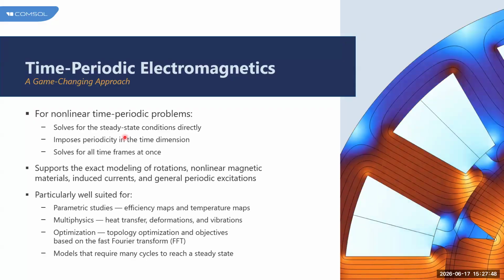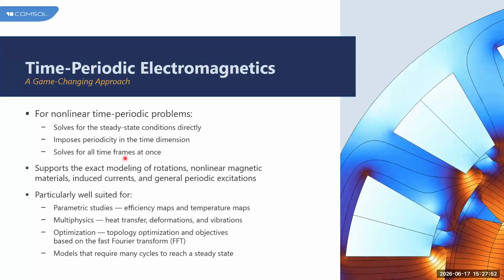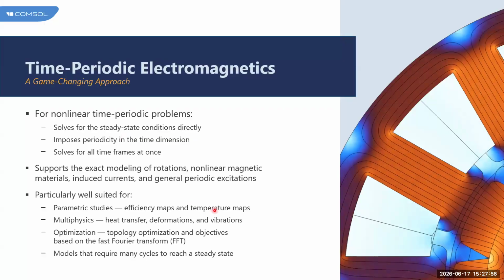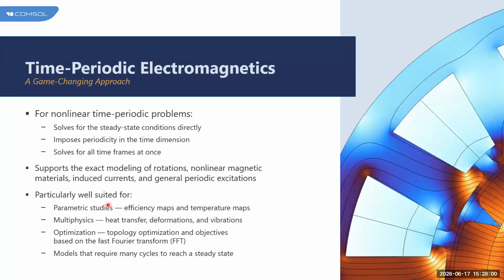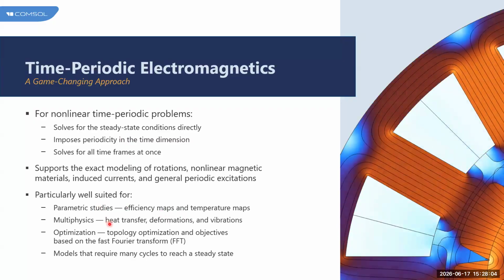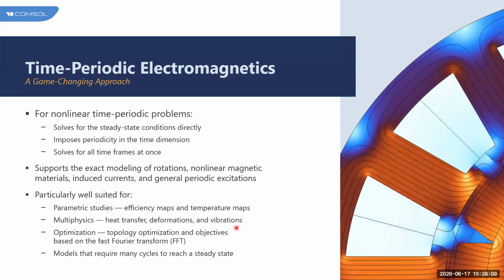This is particularly transformative and essential when we are doing parametric studies or evaluating the efficiency map and temperature map. It is also very useful in cases where we couple with other physics like heat transfer or structural mechanics to assess vibrations.